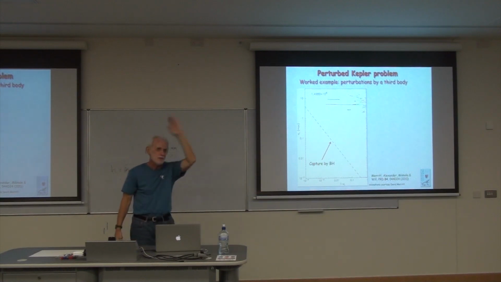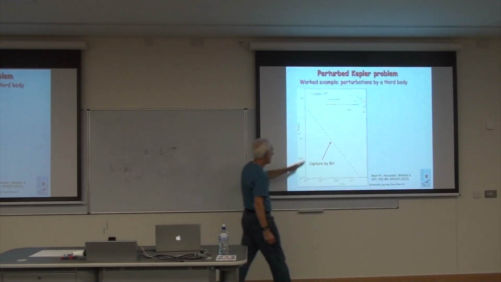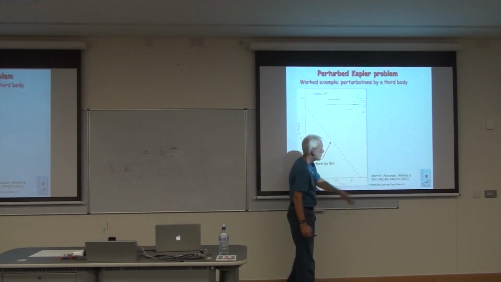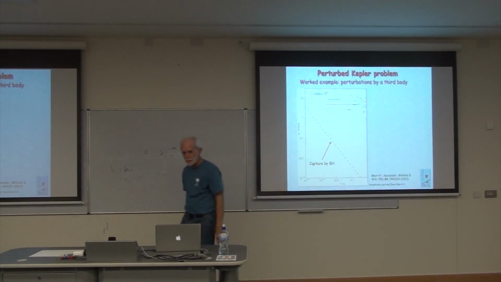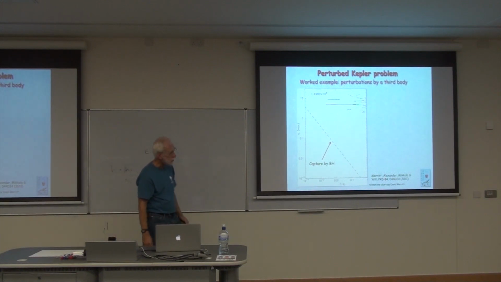It's relentless. You cannot get away from general relativity pushing it forward, and that kills this kind of resonant behavior. So it turns out to suppress this growth of eccentricity in a fairly dramatic way. So anyway, that's just another example of this Kozai mechanism in action.